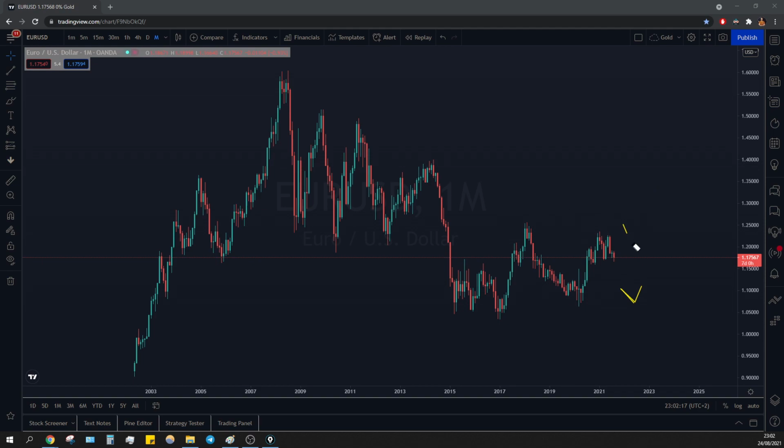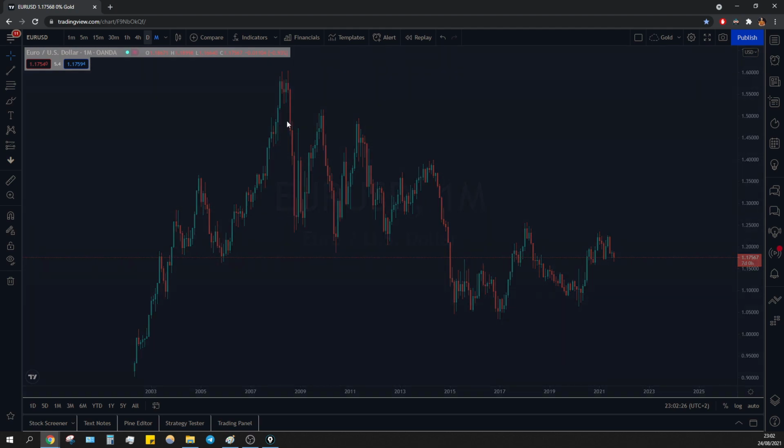The basics are the same as for gold because it's against the dollar. So the value of gold, of the dollar, the fundamental reasons are the same.